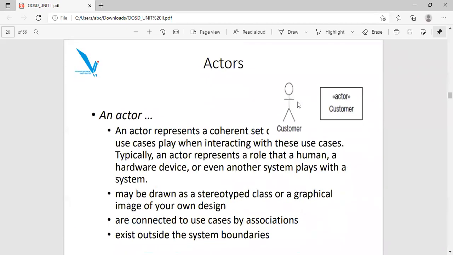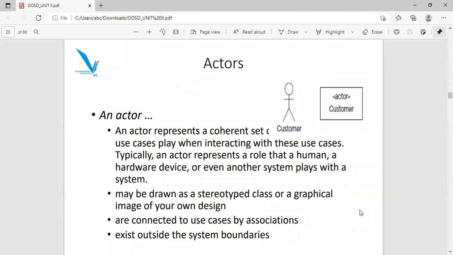So when I say actor, how do we represent it? You can see a diagram I have shown here. An actor represents a coherent set of roles that interact with the use cases.